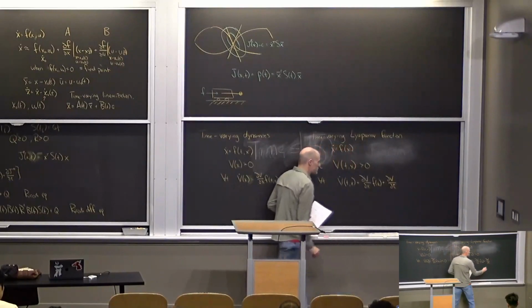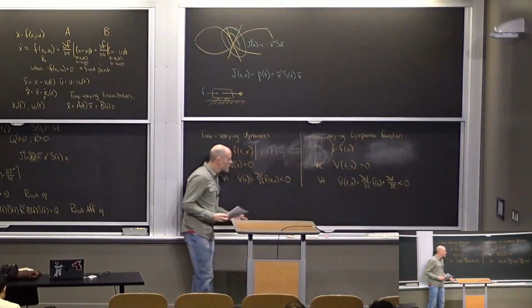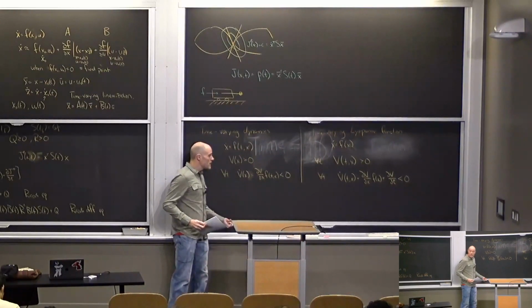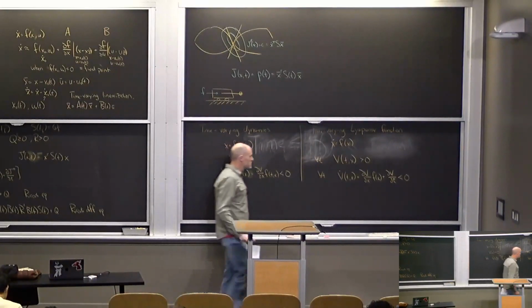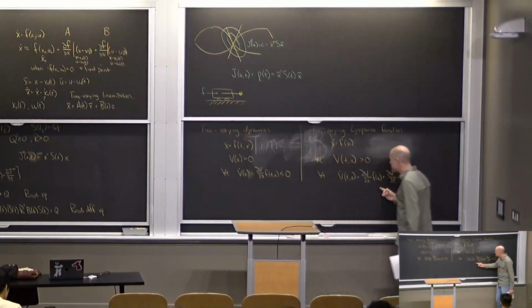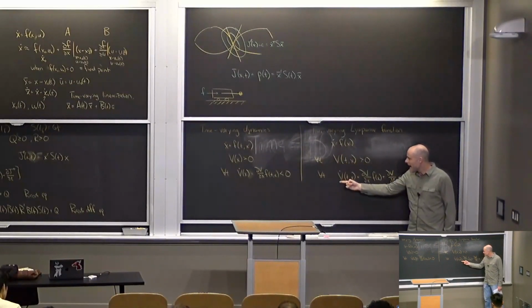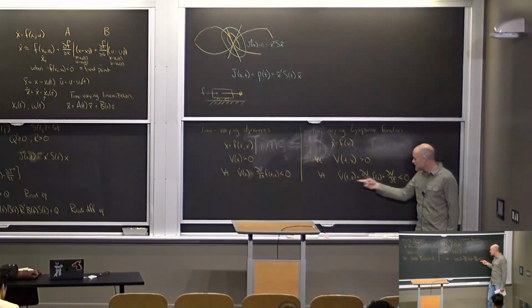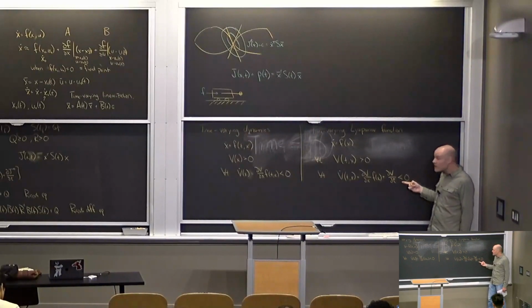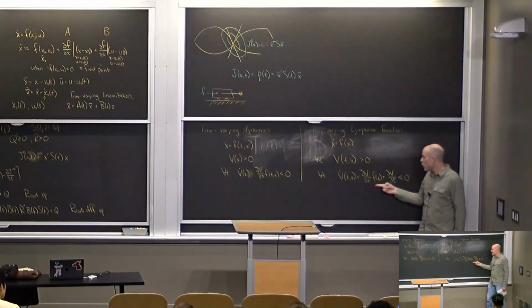If this is less than 0, then I still have some nice things that I can say. If I have a property that even if V is changing as a function of time, if V dot, which includes the way V changes over time, is less than 0, then I know, for instance, if at time 0 my Lyapunov value was 3, it's always going to go down.